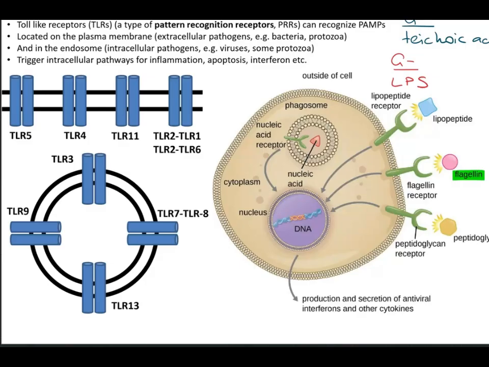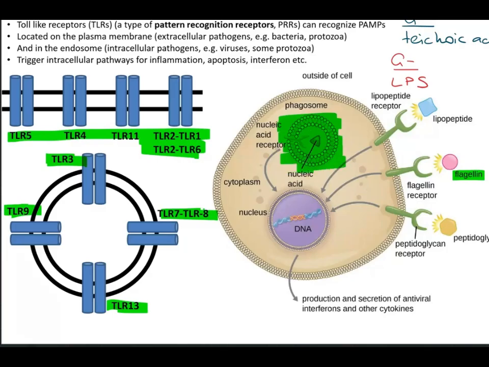What I want to illustrate is that receptors can be found in the cell membrane. And they would recognize things like bacteria, for instance. Or they can be found in the membrane of the endosome, inside the cell.